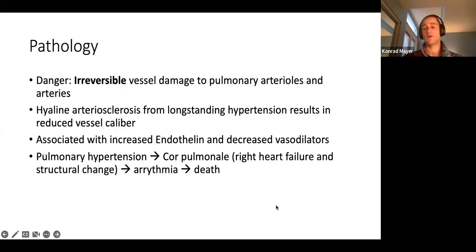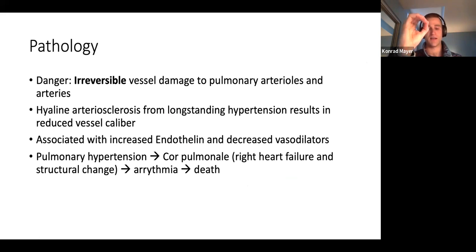So what is the danger of pulmonary hypertension? The reason why pulmonary hypertension is very bad is that it is potentially irreversible vessel damage to the pulmonary arterioles and arteries. So if these are our pulmonary arteries and arterioles, if we have chronic hypertension, this can result in what is known as hyaline arteriosclerosis.